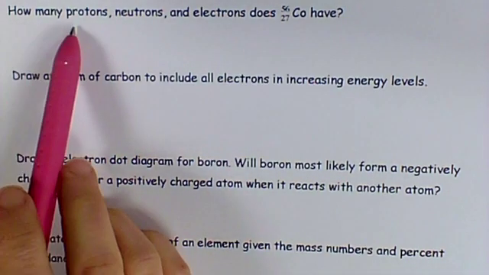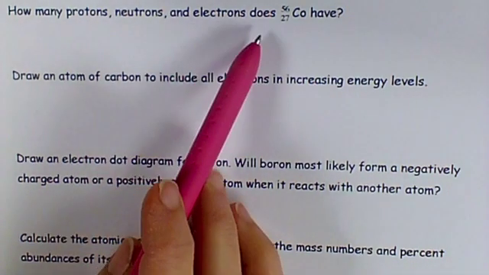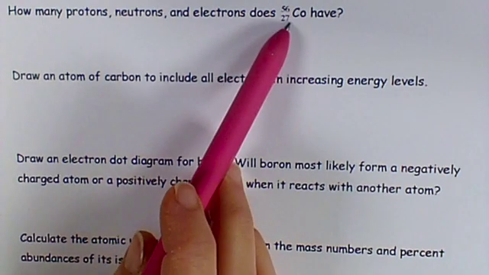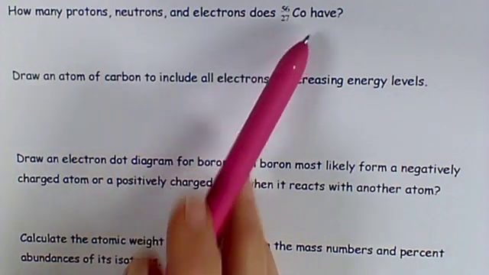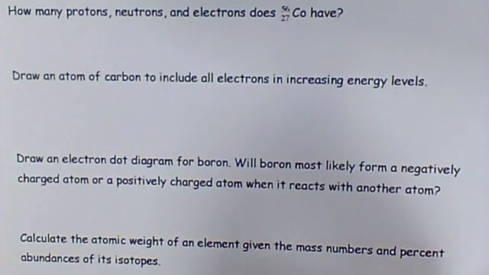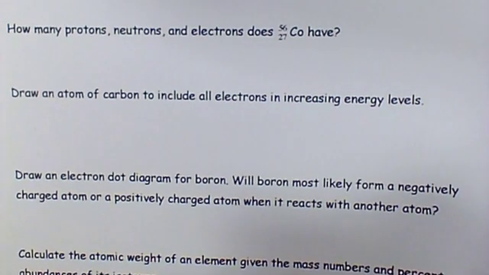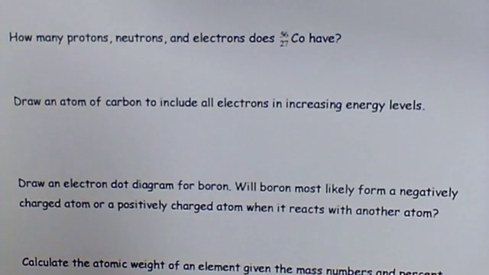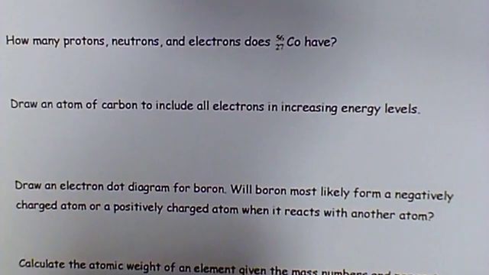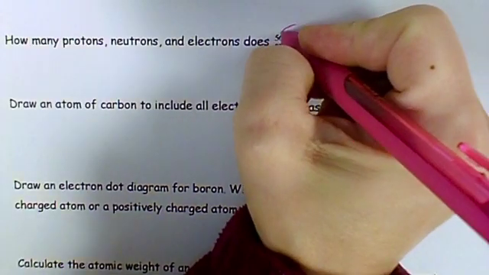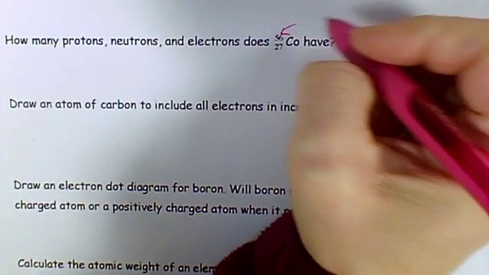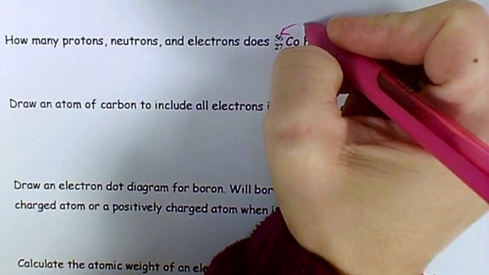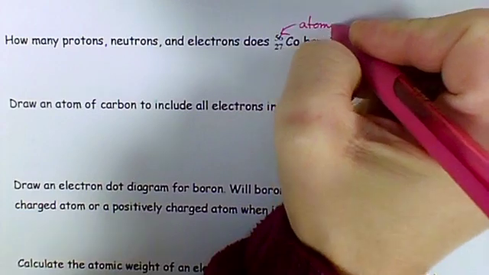And it says, how many protons, neutrons, and electrons does cobalt 56 have? Okay, so remember with this notation, and this is also in your notes so you could go back and review or go back to my videos. The 56 on the top is the atomic mass.